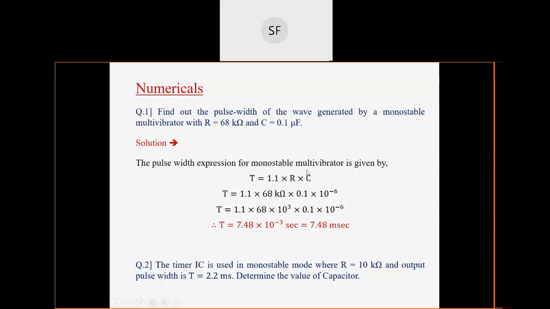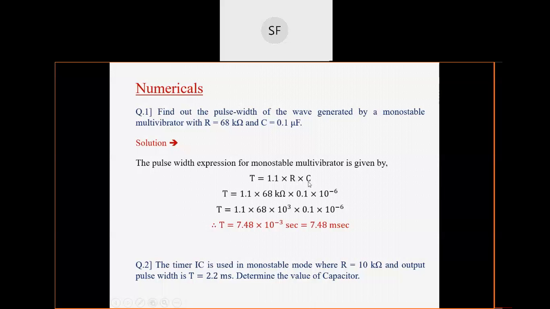So the pulse width expression for monostable multivibrator is given by T equals 1.1 into R into C. Okay, very simple. The value of R is given as well as the value of C. So you have to just put the value and get the answer. But one important thing you should remember, that while putting the value of resistor here, 68 kilo ohm, you should write this kilo in terms of 10 raised to power 3.